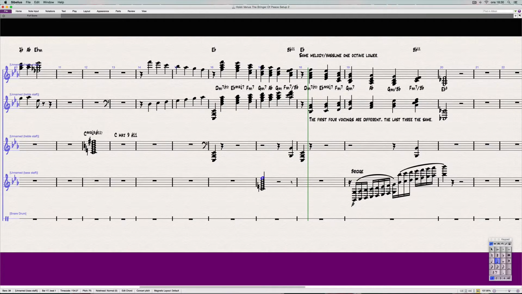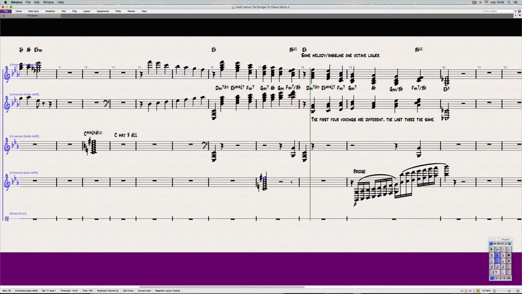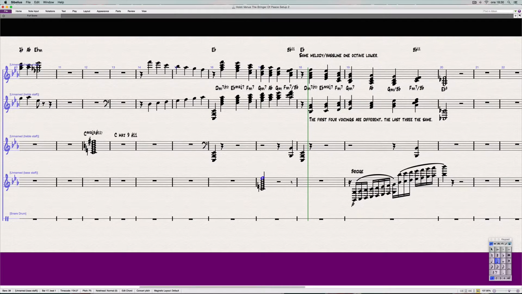But what people started doing was either to sharp the 11th, and that works better, a bit funky, but it wouldn't work. We would go out of the key here, but just the chord itself, you could do that. But what people started doing was to remove the third.